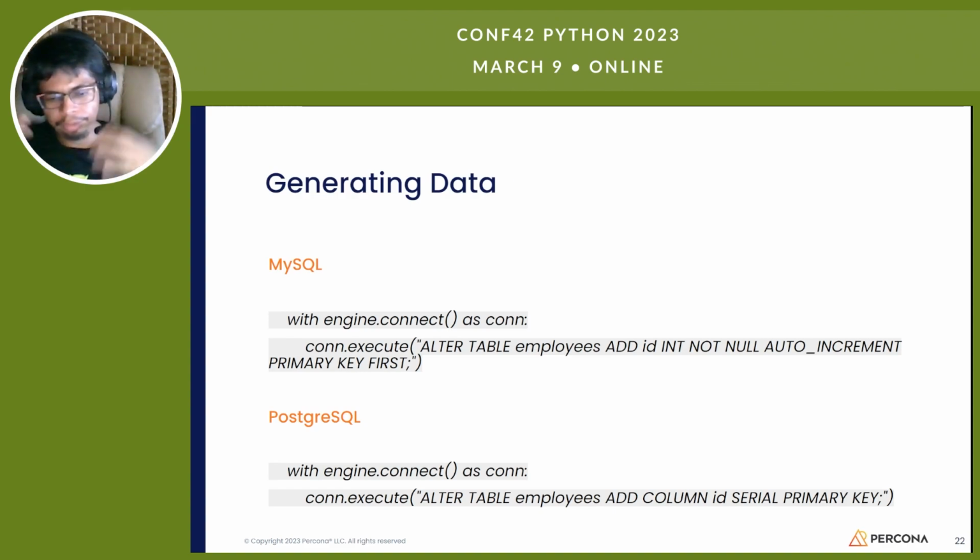After we insert the data into every database, MySQL, Postgres, and Mongo, we need to modify the tables, especially for MySQL and Postgres, because we are not defining a column in that table that will be our primary key.